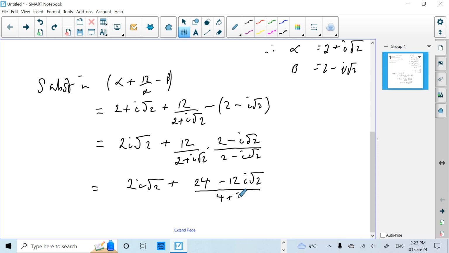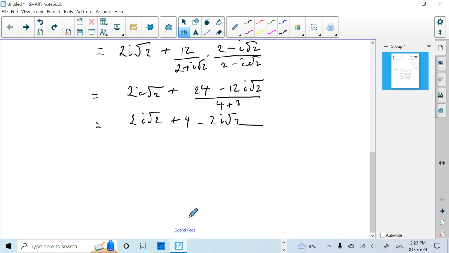And that simplifies to 2i root 2 plus 4 minus 2i root 2. So the 2i root 2's have gone, and you're just left with the answer of 4 as the third root.